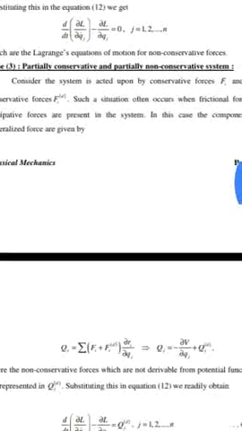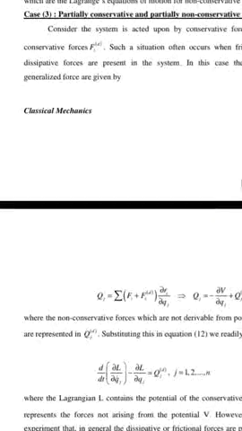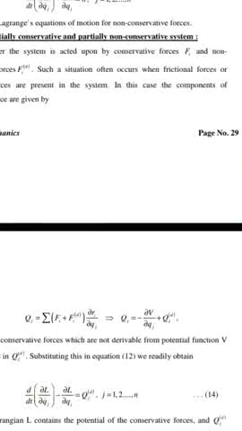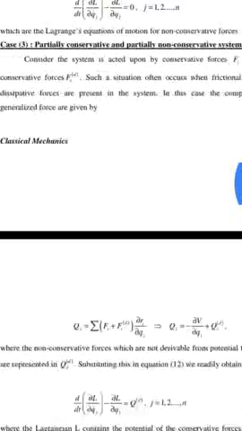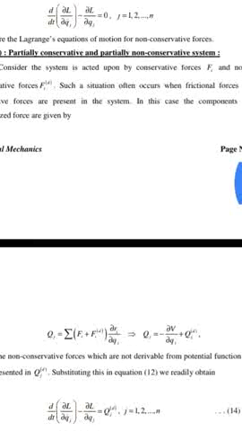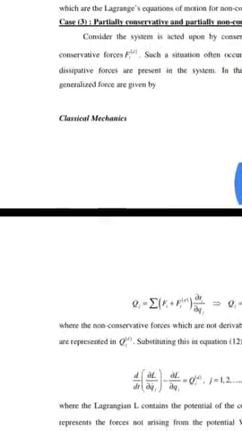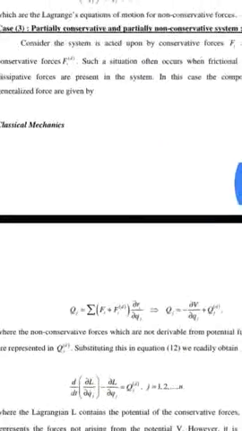Next, partially conservative and partially non-conservative system. Consider the system is acted upon by conservative forces Fi and non-conservative forces Fi d. Such a situation often occurs when frictional forces or dissipative forces are present in the system.